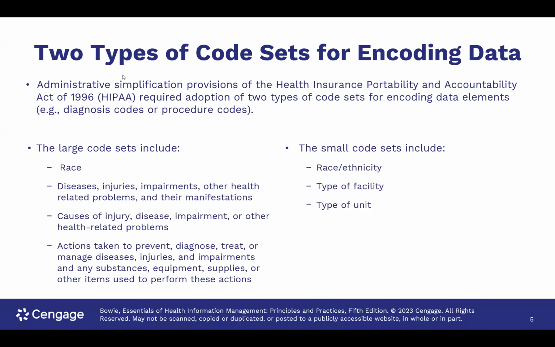And then the actions taken to prevent, diagnose, treat, or manage said disease, said injury, impairment. The small code sets include race, ethnicity, type of facility, and type of unit.